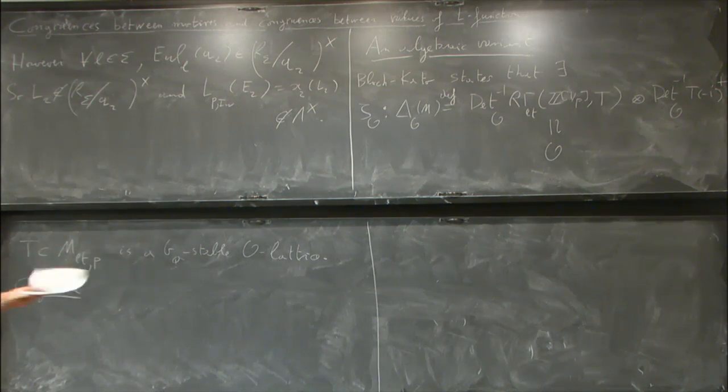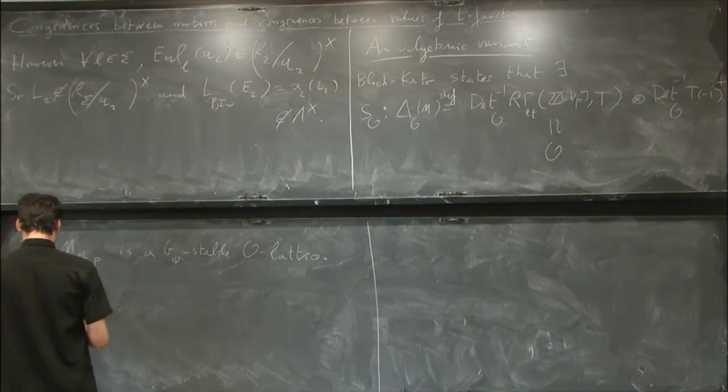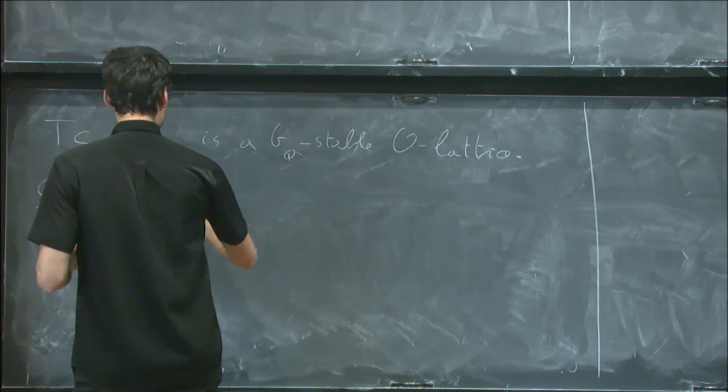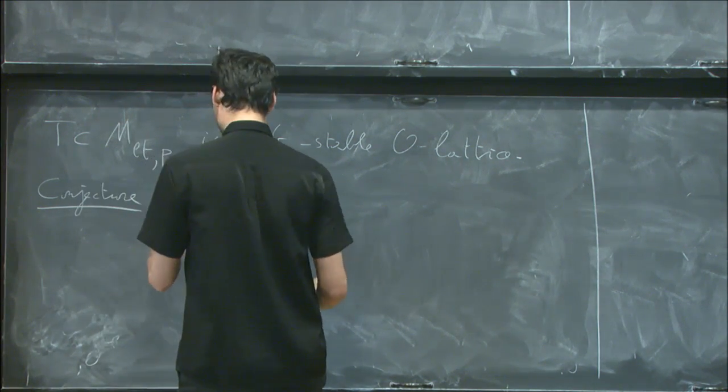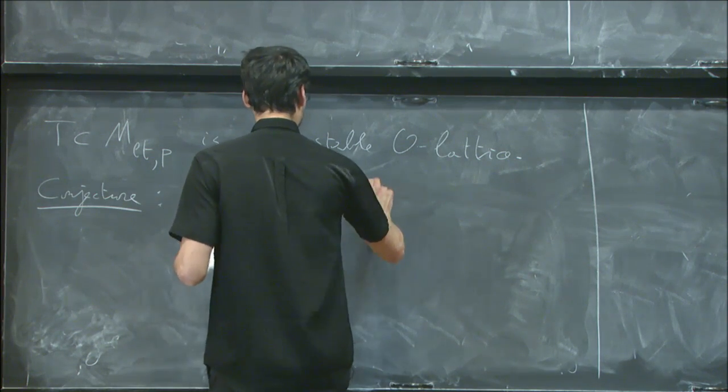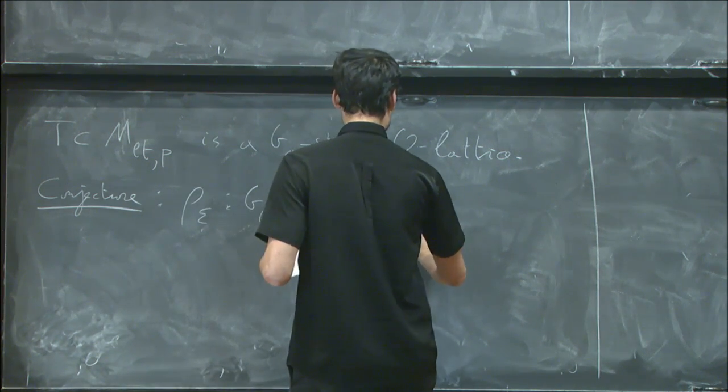So you can compare with this side. Suppose you are given a Galois representation unramified outside a finite set sigma, with coefficients in some reduced ring R_sigma.